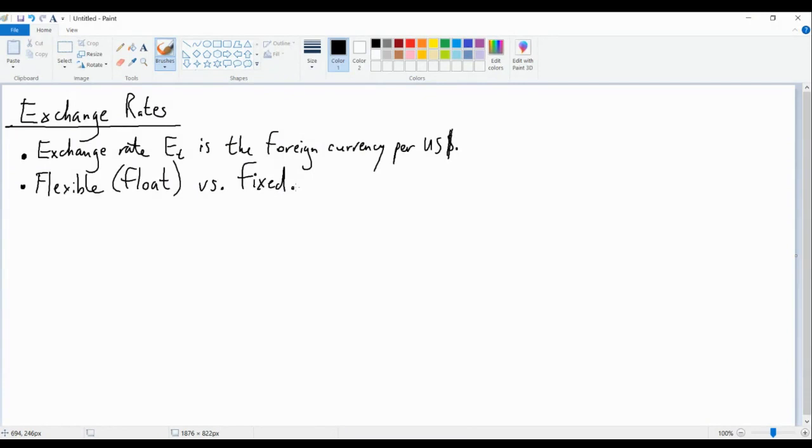For example, when I was growing up in Peru, there was a fixed exchange rate at some point. The problem is they fixed the exchange rate at a rate that was very different from what the market would have done. And there was very high inflation.